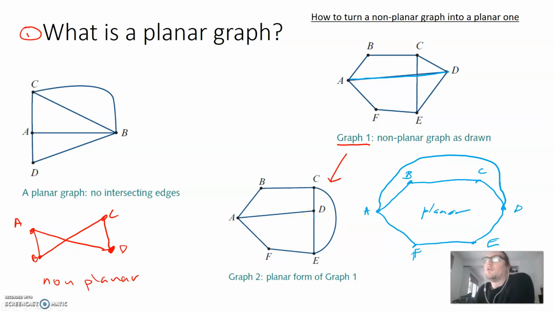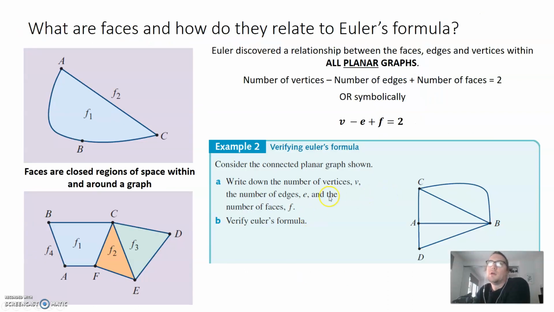Why planar and non-planar is important is because graphs have a third property. We've learnt about edges, vertices and the degree of vertices. A further property is what's called a face.